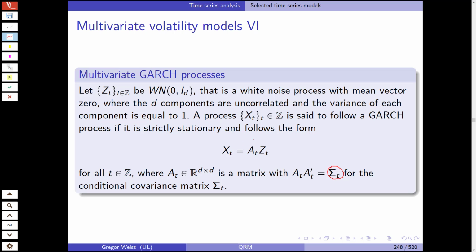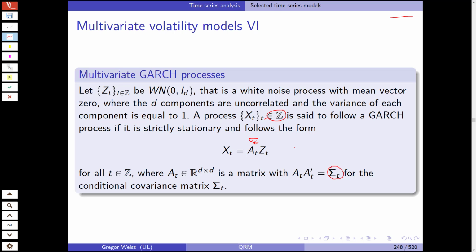So again, in the univariate case, we would have written sigma_t times the disturbances here. Now we take the matrix that actually is part of this decomposition of the variance covariance matrix. Okay, so this is the multivariate GARCH model.